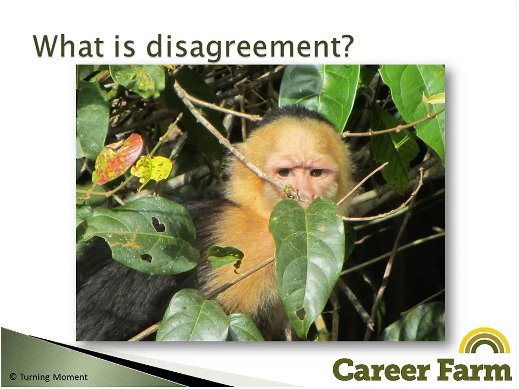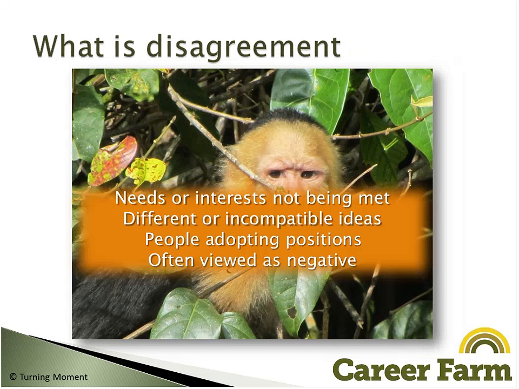Depending on what you read about conflict, there are many books on conflict resolution and managing disagreement. There are all sorts of definitions, but I just want to bring your attention to a few of the key ones. And this needs and interests thing is very, very important in managing disagreement.